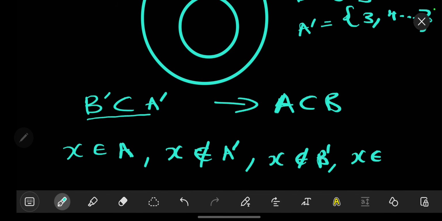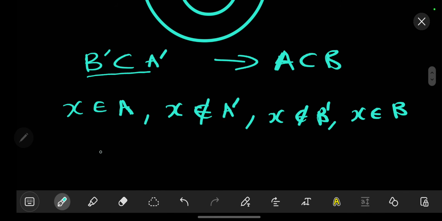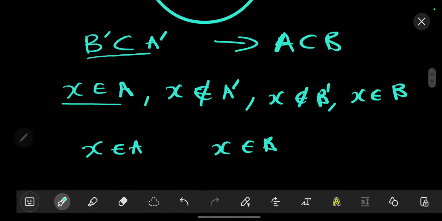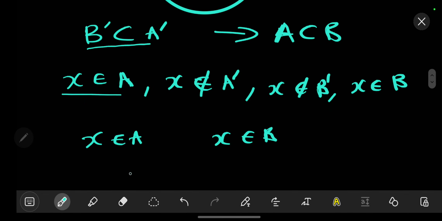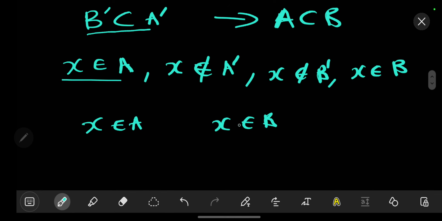That means if it is not a member of B complement, it must be a member of B. Therefore, we can say X is a member of A. We also have X is a member of B. So we can join them by saying that since X is a member of A and it is also a member of B, A is a subset of B, or A is contained in B.